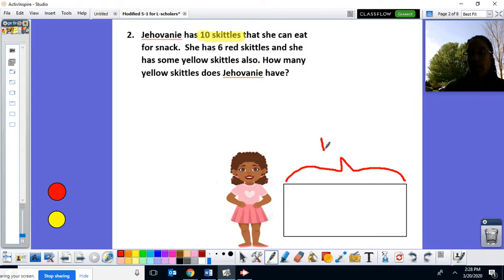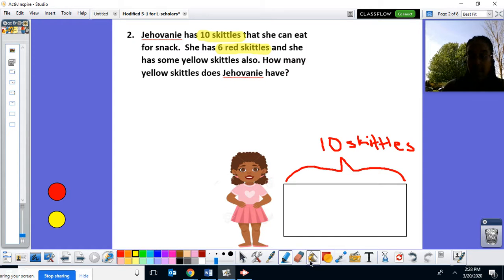So I'm going to start here and say that I know Giovanni has 10 Skittles that she can eat. So if we're using this, which is kind of like a part whole diagram, then I know that there are 10 Skittles that she has. Bear with me with this writing on here. So I know she has 10 Skittles in all. I also know that 6 Skittles are red and she has some yellow Skittles.